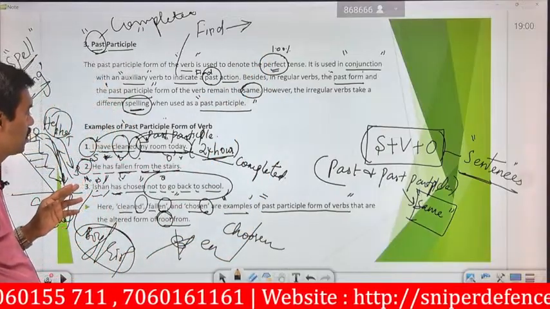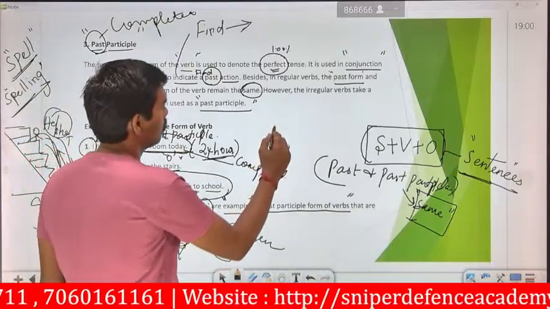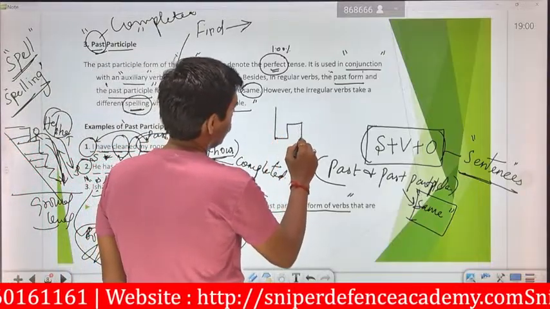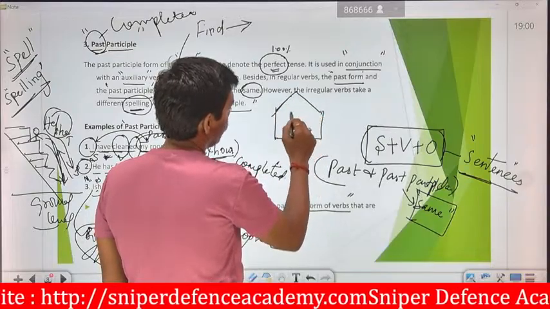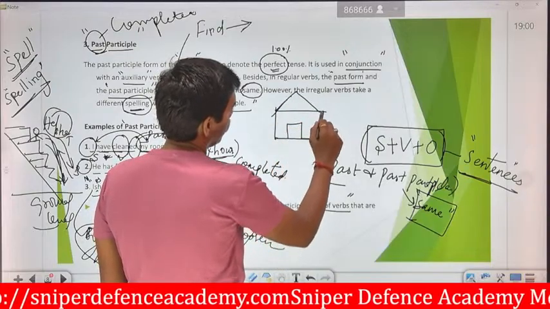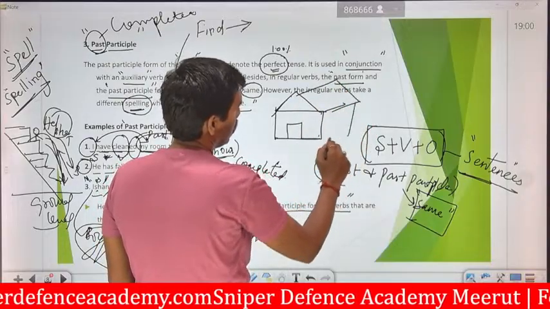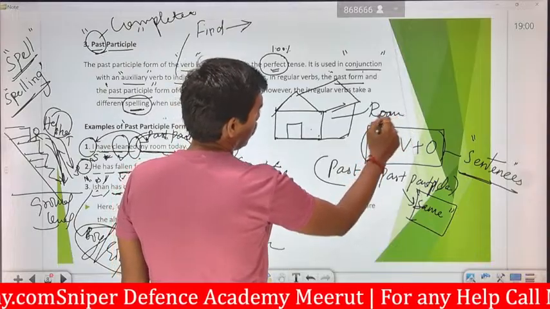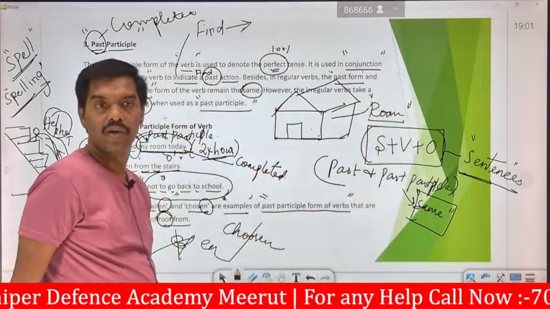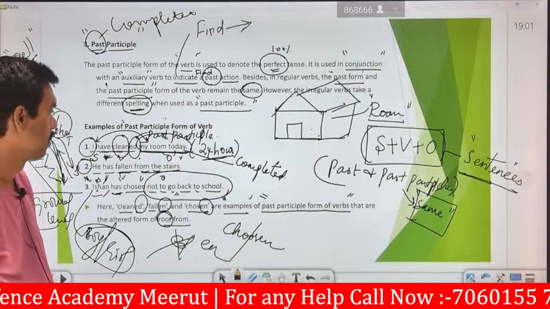And for some examples, they are saying that you are going to clean the room. So this is the room, this is the house. Inside the house, you are going to clean the room. So already the room has been cleaned by someone.